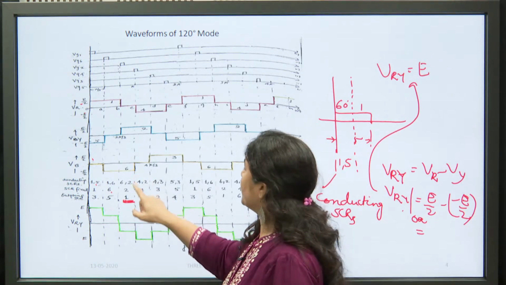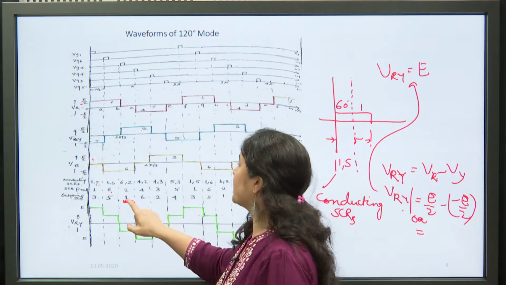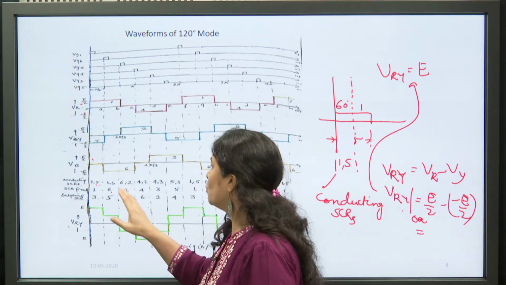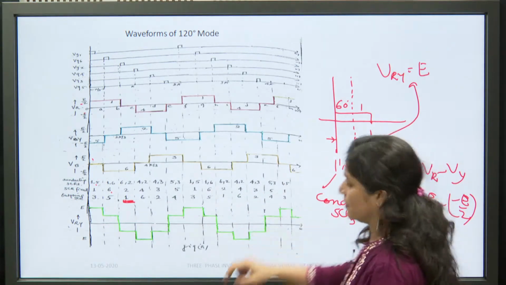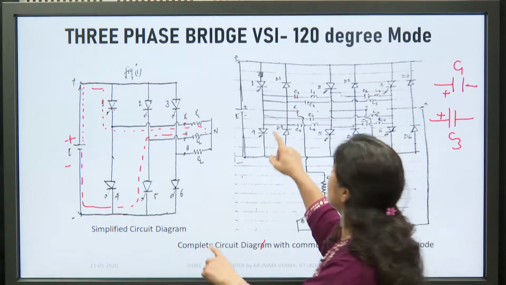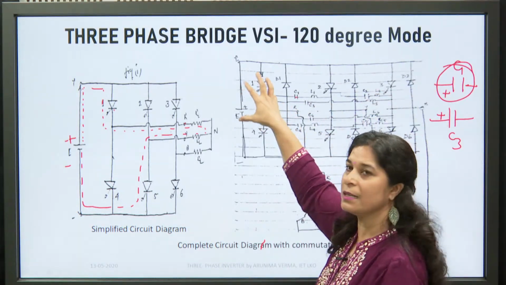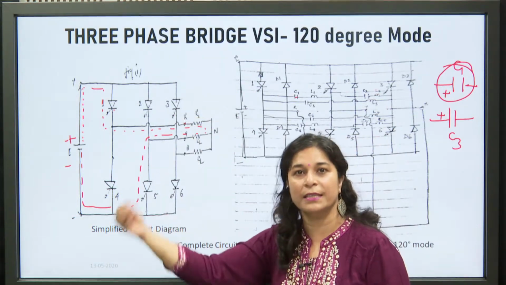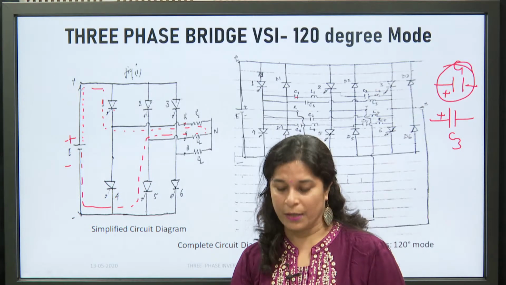So, SCR 2 is turning off SCR 1, and this capacitor discharges, the current through SCR 1 decreases and SCR 1 turns off. That is why it is known as current commutation.